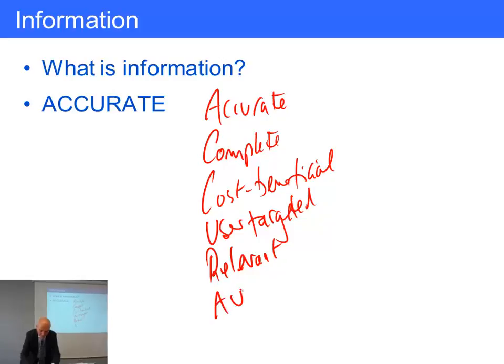Authoritative. Authoritative means that information should be or can be relied upon. Perhaps what we need to be a little bit wary about in authoritative here is information coming from the internet.